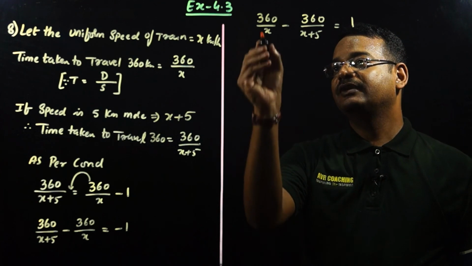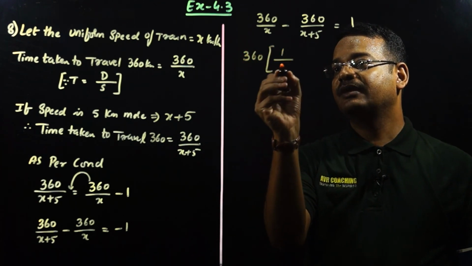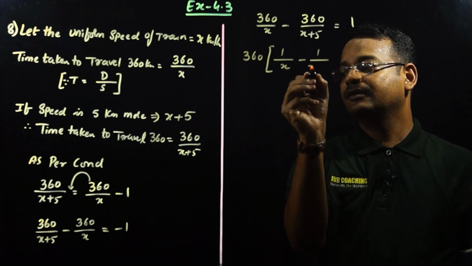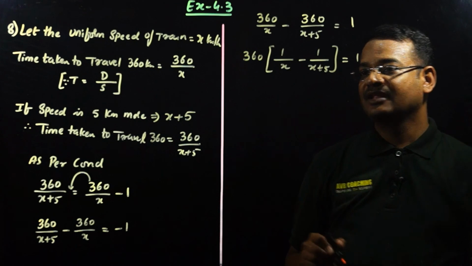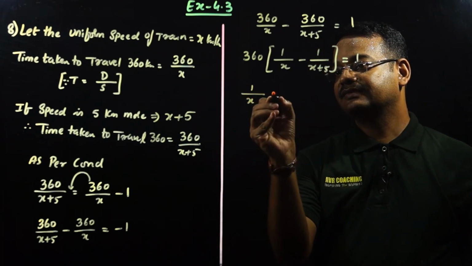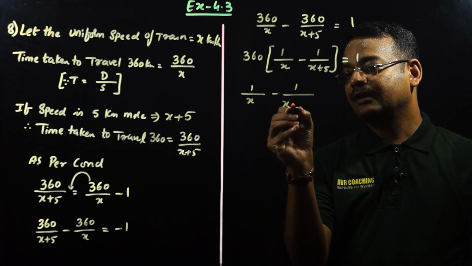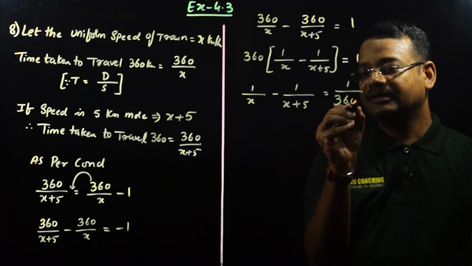So here we will take 360 common, so this will be 1 by x minus 1 by x plus 5 is equal to 1 by 360.